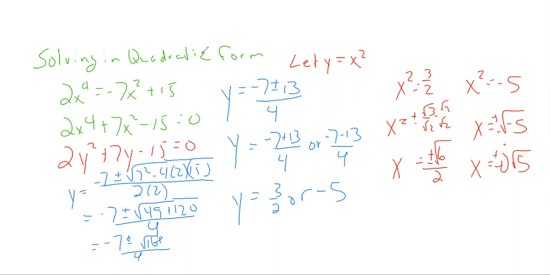So I have my 4 roots. x is equal to the square root of 6 over 2, negative square root of 6 over 2, positive i square root of 5, or negative i square root of 5. And there are my 4 roots on this one.